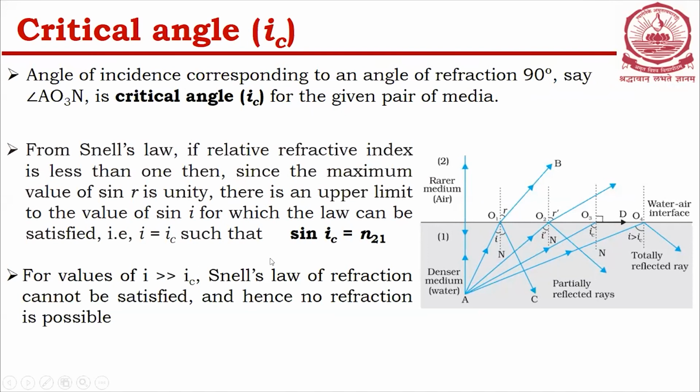If I is greater than the critical angle, Snell's law of refraction cannot be satisfied, and hence no refraction is possible. This is the critical angle and total internal reflection.